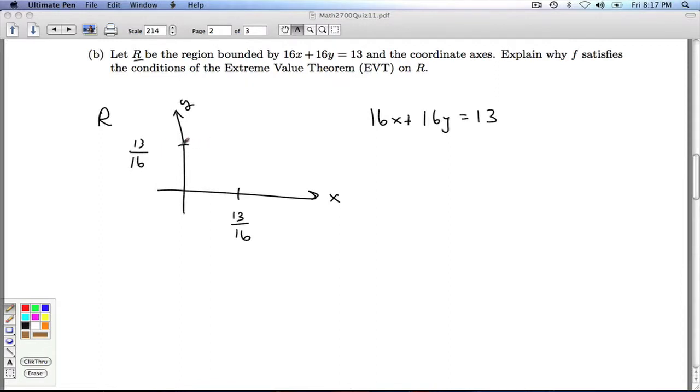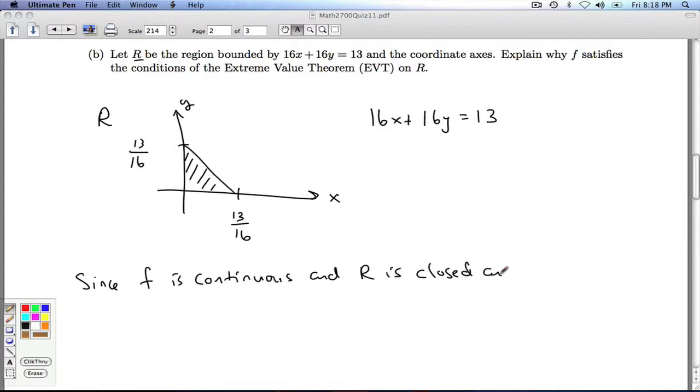And so we have this line, bounded by that and the coordinate axes. So this is what we're talking about here for R. What's important about R is that R is closed and bounded. Our function f was a polynomial, so it's continuous. And so we could say since f is continuous and R is closed and bounded, the EVT applies.